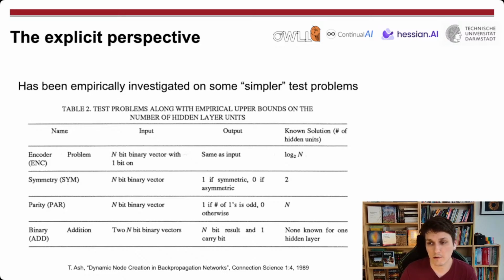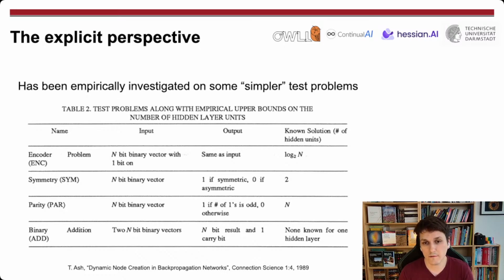I think the interesting part is that the problems that have been investigated here are actually problems that have solutions that are in fact known in terms of how many units are required, at least in a single hidden layer example of the neural network.